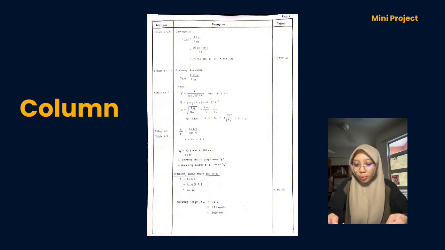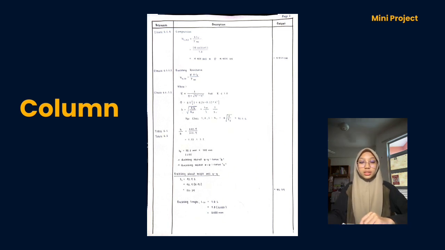For lambda, the formula is square root of A fy over Ncr, equal to Lcr over i, times 1 over lambda 1. For class 1, 2, 3, lambda 1 equals pi times square root of E over fy.